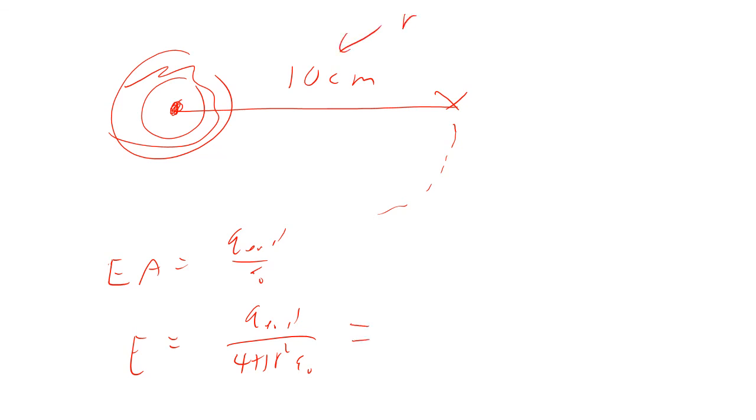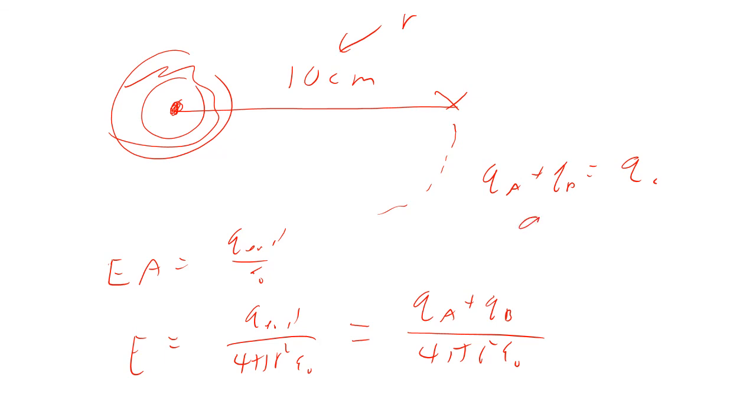Okay, so the enclosed charge is going to be QA plus QB. So QA plus QB over 4 pi r squared epsilon. Well, what is QA plus QB? QA plus QB is going to be equal to QC. Okay, and so QC turns out to be the 1.42 microcoulombs.